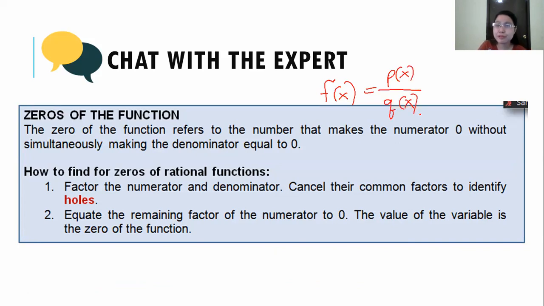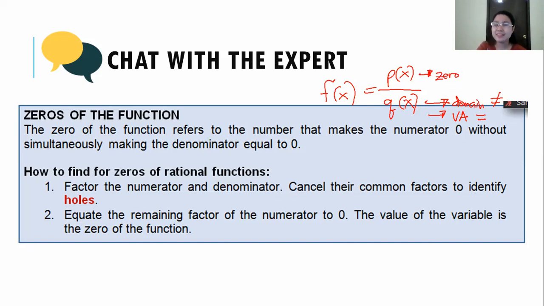let's have a very brief review. The domain is taken from the denominator, but it should be not equal to. The vertical asymptote is taken from the denominator, but with an equal sign, while the zeros of the function are taken from your numerator.